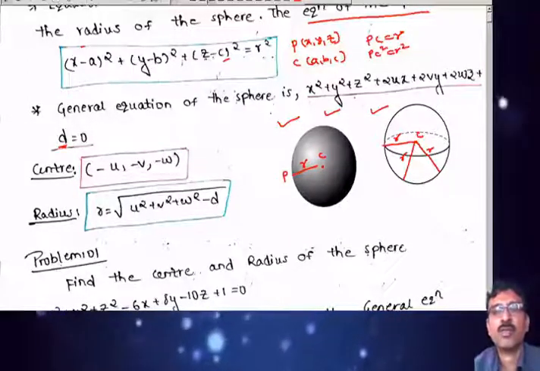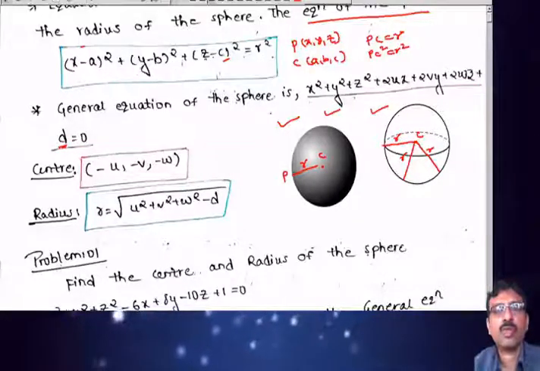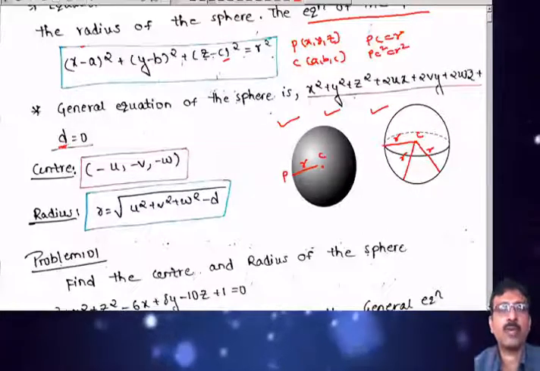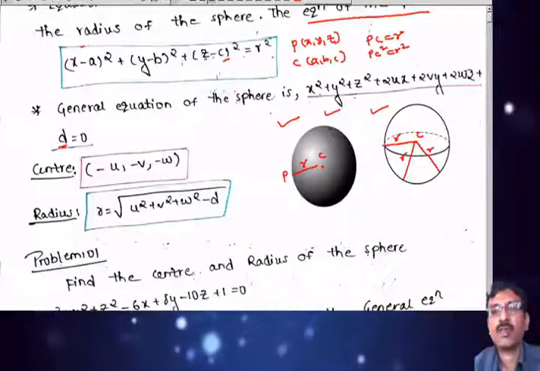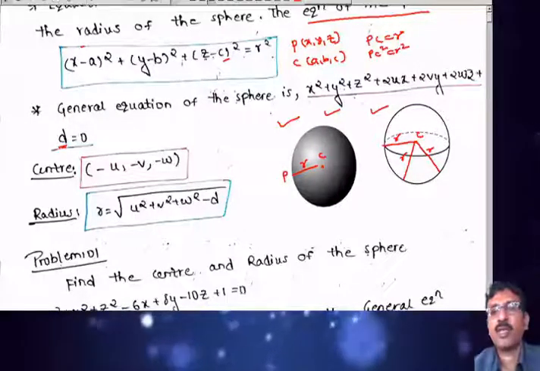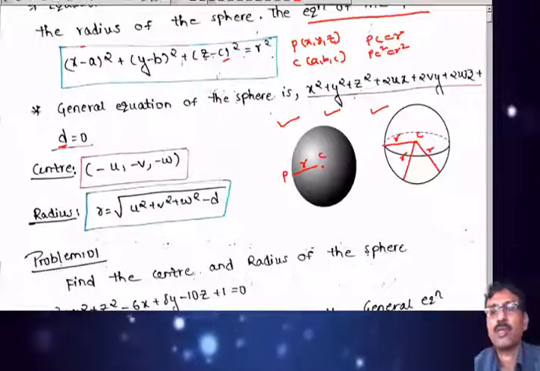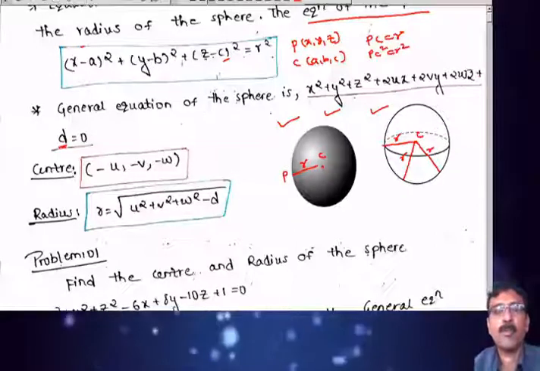We shift r square to the left, so we get minus r square. So a square plus b square plus c square minus r square is denoted by a small d. Therefore the equation of the sphere we can write in this more general way: x square plus y square plus z square plus 2ux plus 2vy plus 2wz plus d equal to 0.